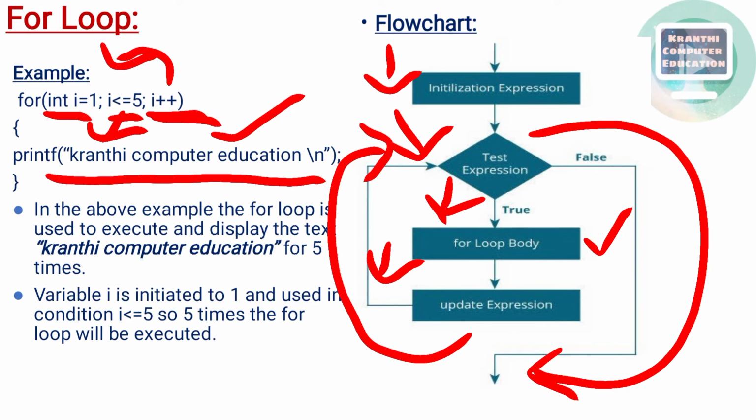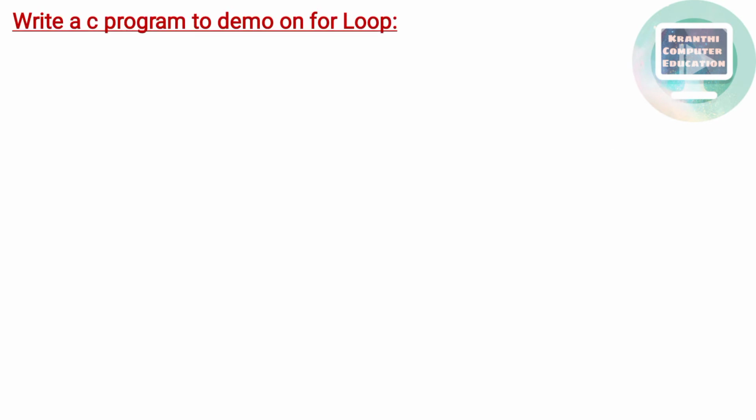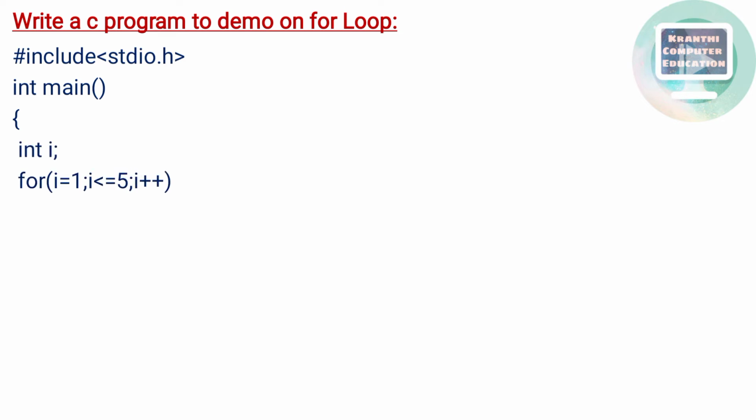Next we will write a C program to demo the for loop. Let's write: hash include stdio.h, int main function opening brace, int i, for i equals 1, i less than or equals 5, i plus plus.